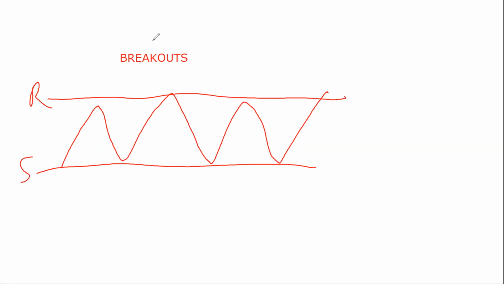Now, if price at this point, we're going in for a sell, it comes down, breaks the support area. What it would typically do is retest this support, and you will see price come back up.